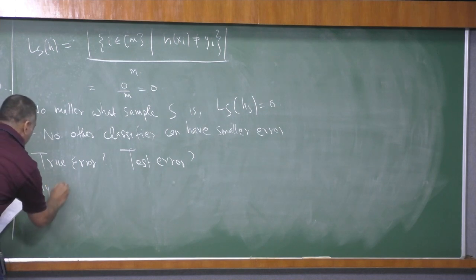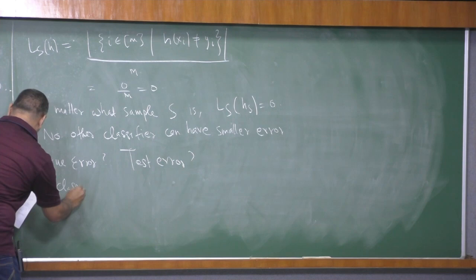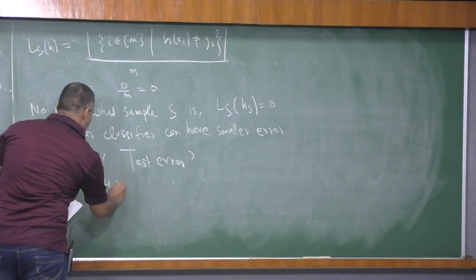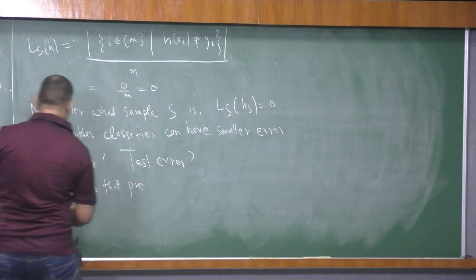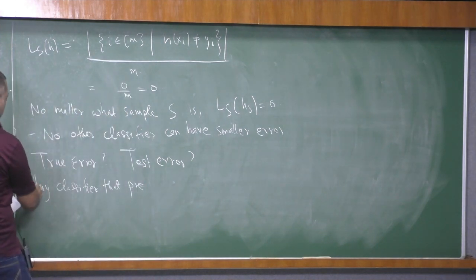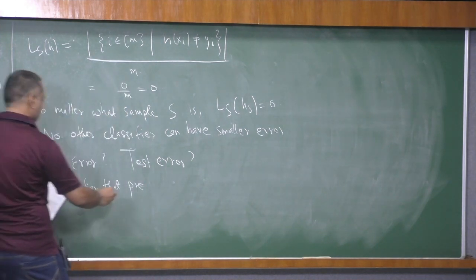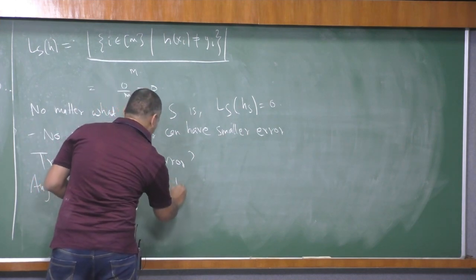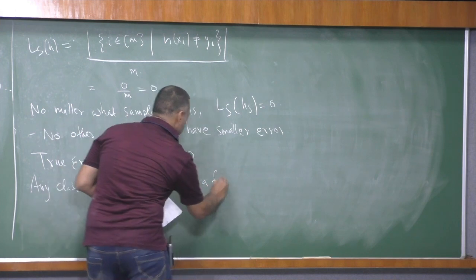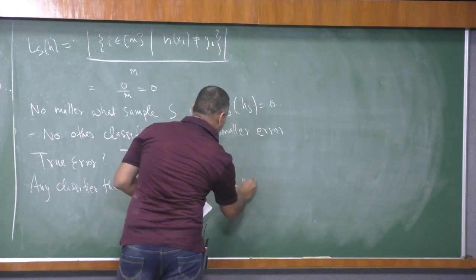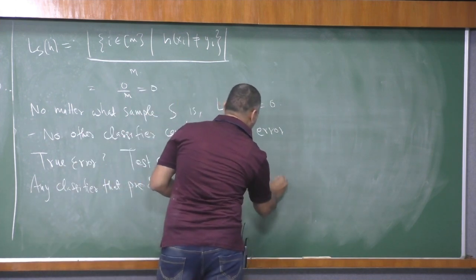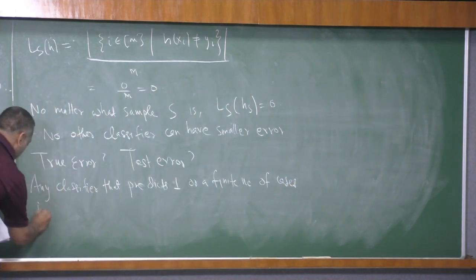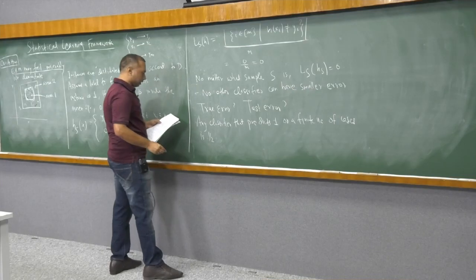So in words, this classifier, not any classifier, but the classifier that we have right now, predicts 1 on a finite number of cases, and is kind of like half.